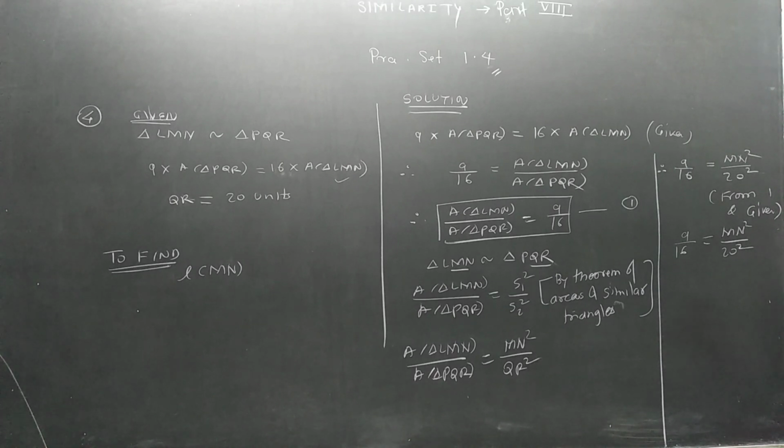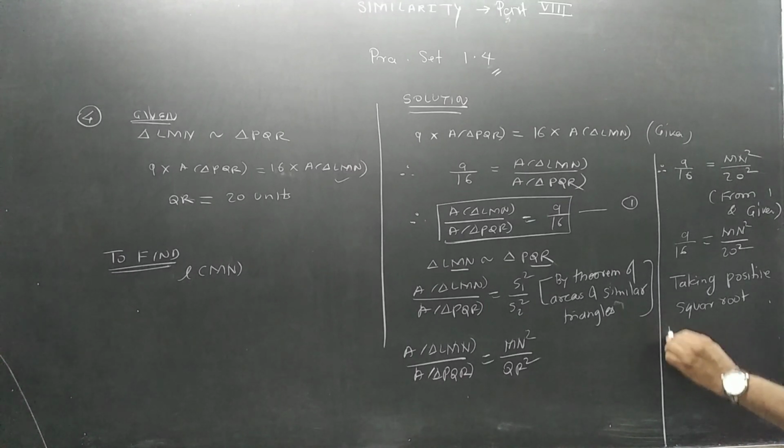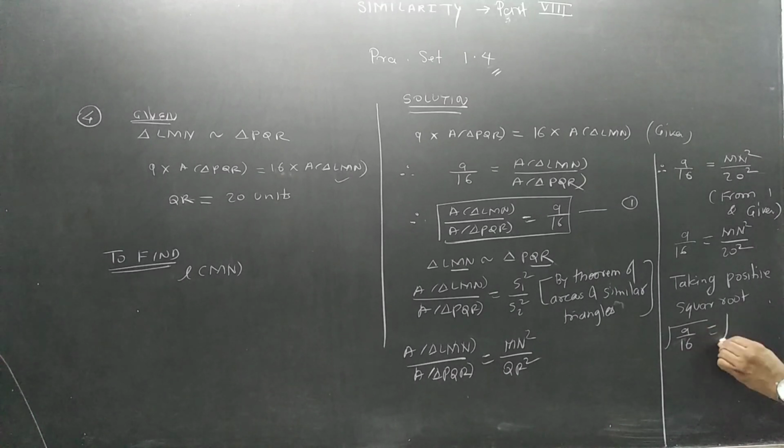So what are you going to do? You are going to take the positive square root. So what will happen now? Root of 9 upon 16 is equal to root of MN square upon 20 square.